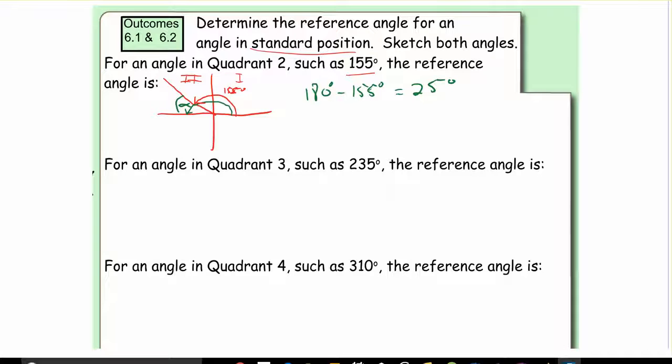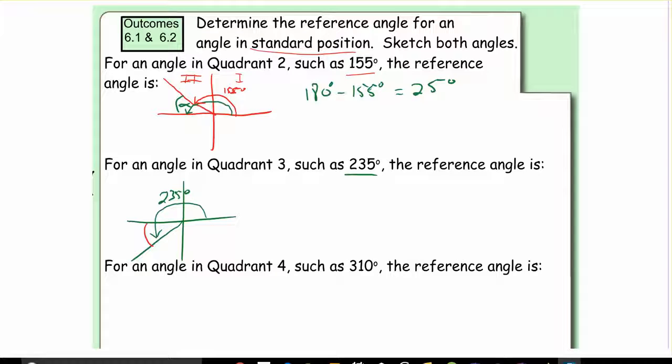Right, for an angle in quadrant 3, same thing. Draw my Cartesian plane, quadrant 3 is down like that, and it's 235 degrees from there to there. I want my reference angle instead, so I want that angle.